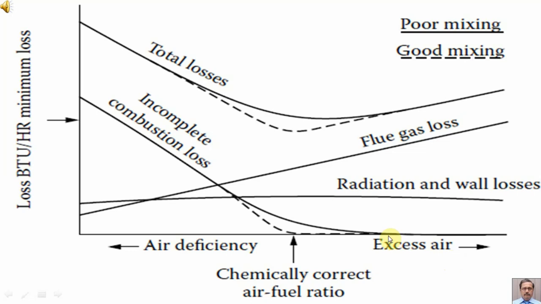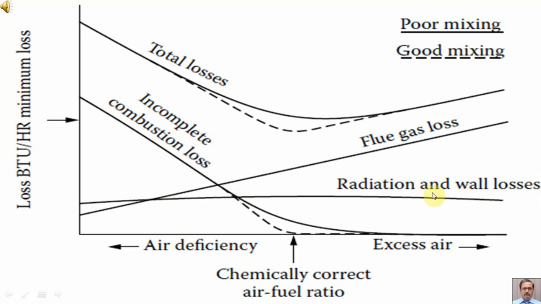First loss is radiation and wall losses. Here we can see that radiation and wall losses are approximately constant. The effect of excess air or air deficiency is not there on this type of losses.